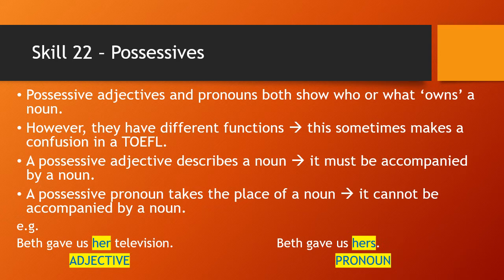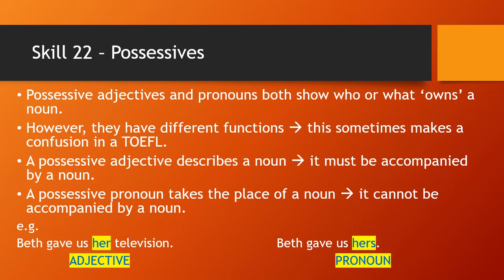A possessive adjective describes a noun, so it must be accompanied by a noun, while a possessive pronoun takes the place of a noun, because do you remember that a pronoun takes the place of a noun, and it cannot be accompanied by a noun.